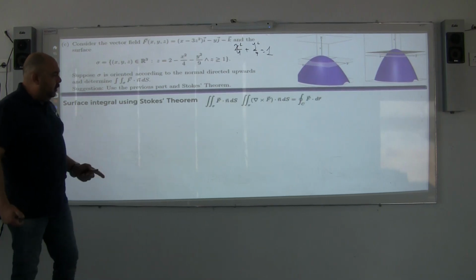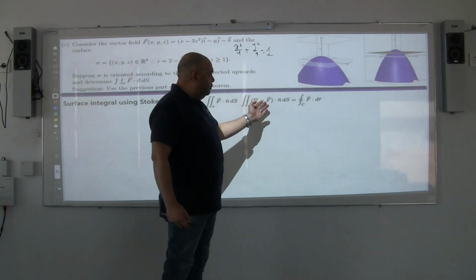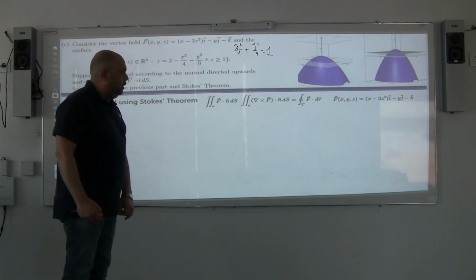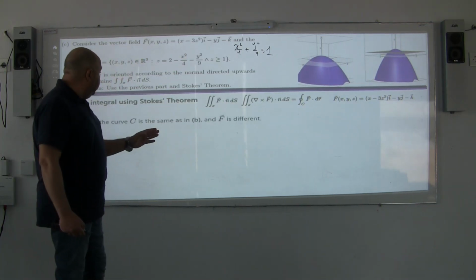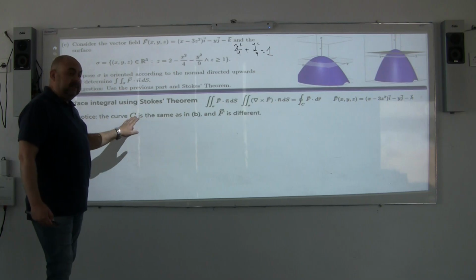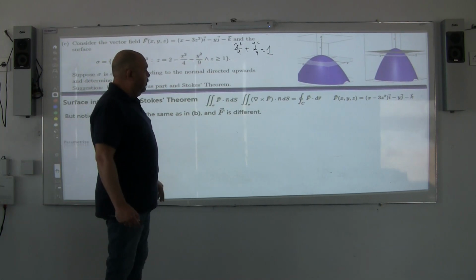So I will need to get the curl, the gradient cross f, and I will do the contour integration, as you will see. F is given by this function, and notice that the curve is the same as in part B previously, as we saw it's x squared over 4, y squared over 9.